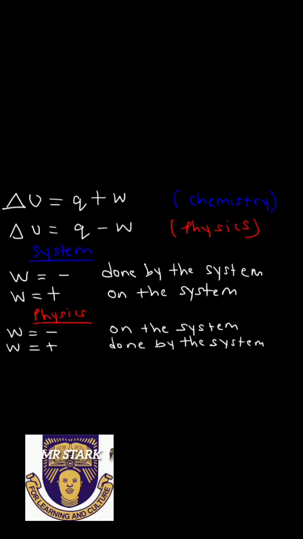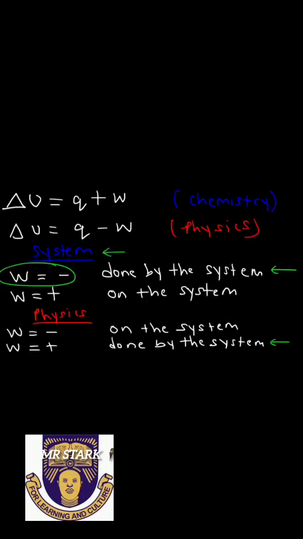So let's analyze these two cases when work is done by the system. In chemistry, when work is done by the system, as we said before, the internal energy decreases. And because the energy of the system is decreasing, work is negative. Remember, we're taking the viewpoint of the system.